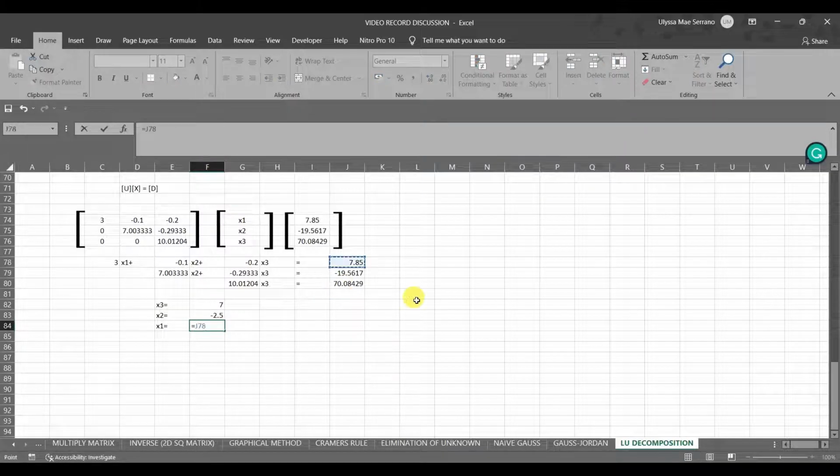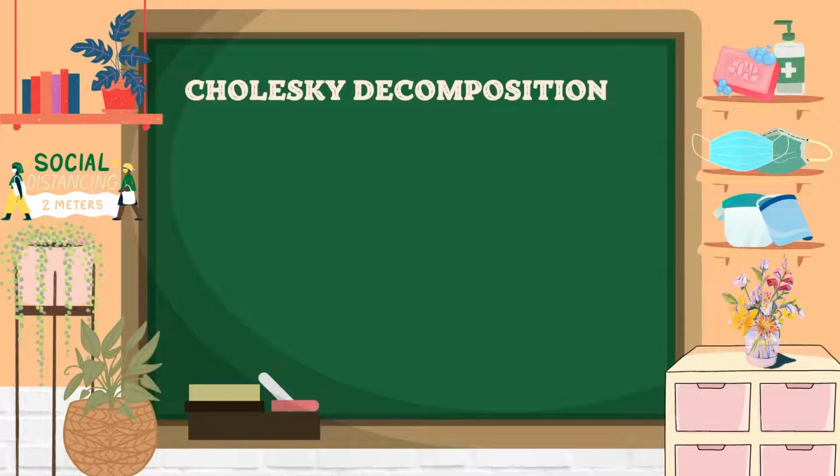For x sub 1, 7.85 minus the product of x sub 3 minus the product of x sub 2, divided by the coefficient of x sub 1. And we will be able to find the value of x sub 1, x sub 2, and x sub 3 respectively. So, for our next discussion, Cholesky decomposition.